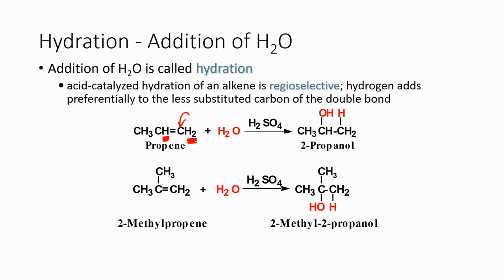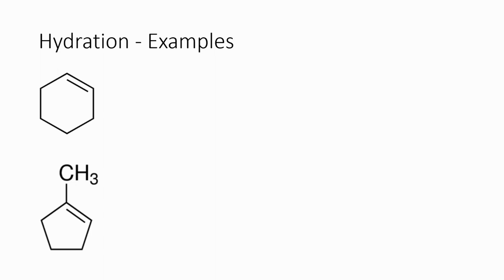And so if we look at the next problem, same thing. We're going to add the hydrogen to the side of the double bond that already has more H's, and then the OH will end up at the center carbon. So let's try a couple examples.